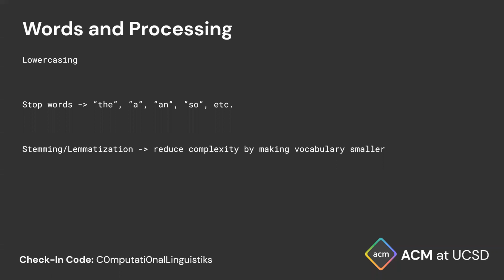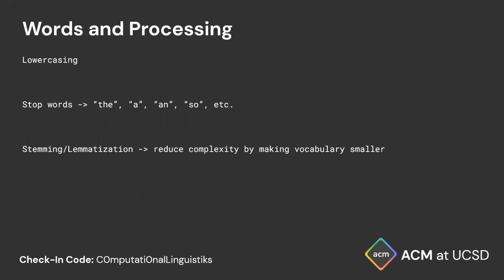Stop words are words that are used a lot but don't have any inherent meaning, like the, a, and, so. They are used a lot in our language, but what's the difference between a hat and hat? So we remove those in order to simplify our tokens or strings.